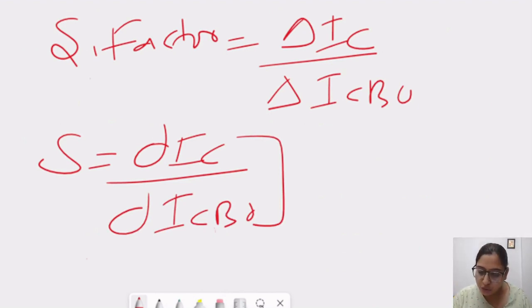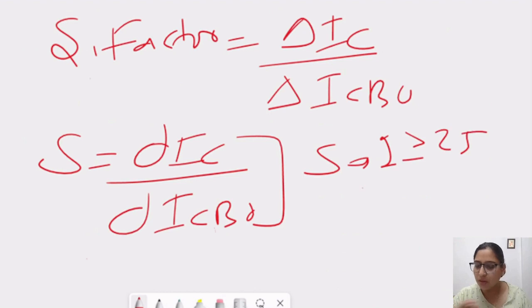Now the value of the stability factor should be between 1 and 25. Ideally it should be 0, but that is not possible because it is an electronic device. So we consider that it should be between 1 and 25, or below 25. The output is achievable.